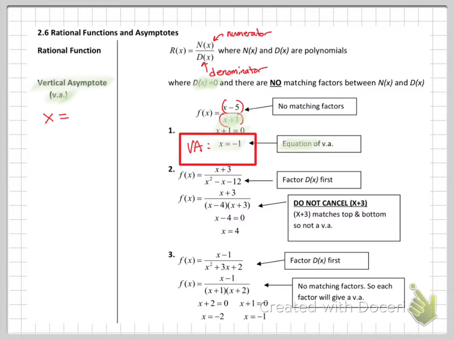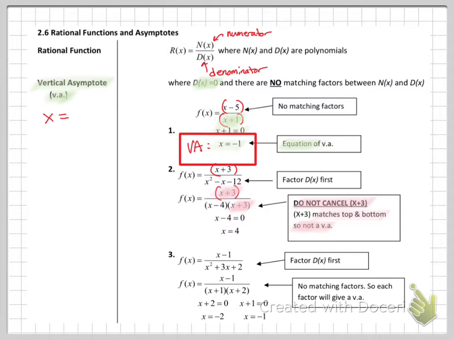Next example, you have to factor it first. So notice the top was factored. You could put imaginary parentheses around the top if you'd like. They finished factoring the bottom, and then they did have a matching factor. I'm going to make this pink. That'll be important for later. The x plus 3 over x plus 3 is matching. So you don't cancel it, and it is not a vertical asymptote.